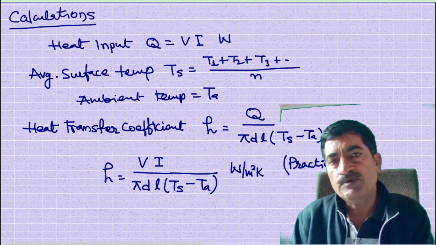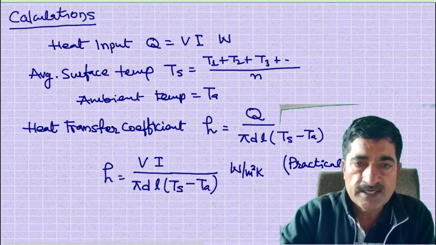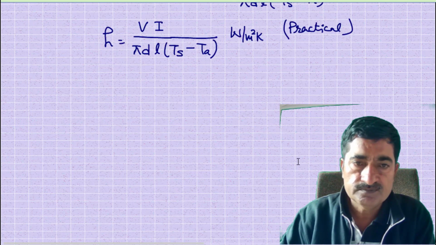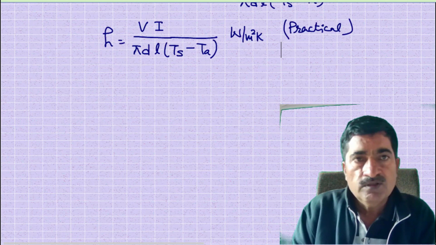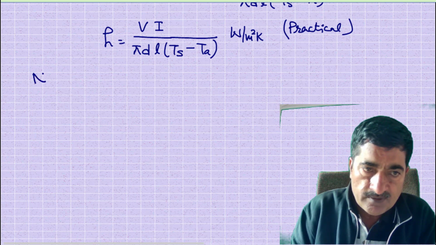Now H can be calculated from empirical relation. The second calculation is by Nusselt number.